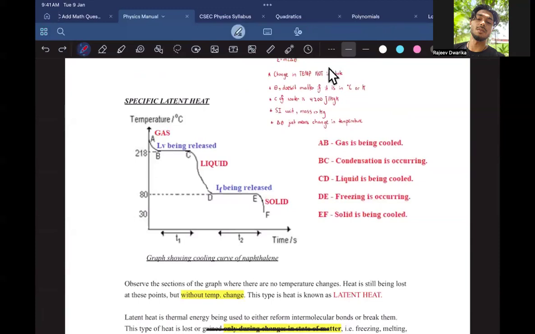Okay, time to learn the other part of the puzzle, specifically latent heat. So, guys, if you have ice and you want to heat that ice to water at 100 degrees Celsius, before you could even heat up the water, the ice had to turn to water. Justin, you know what I'm saying, right?